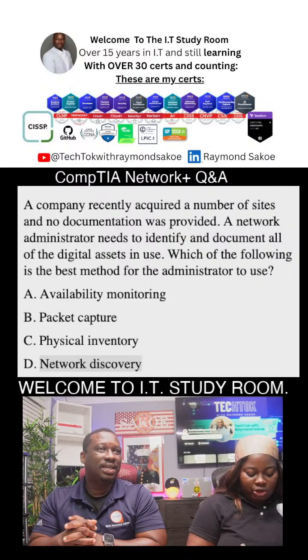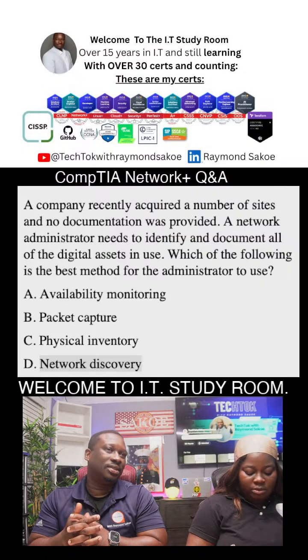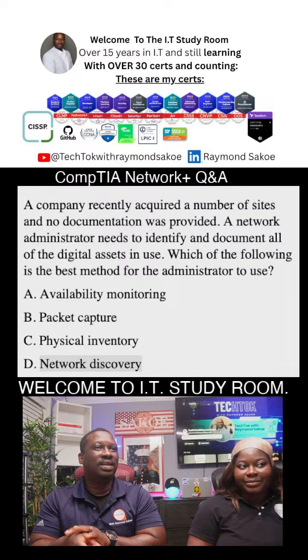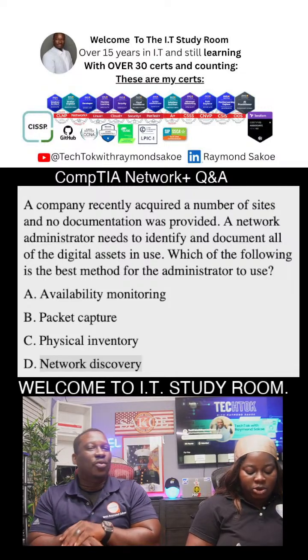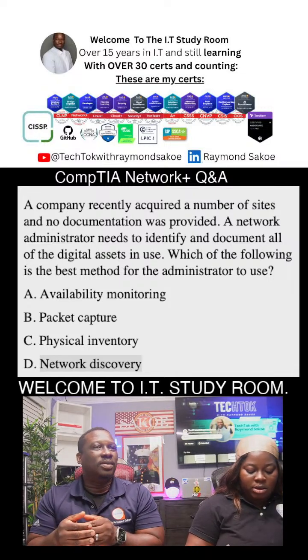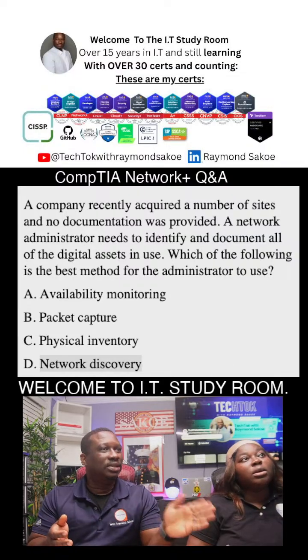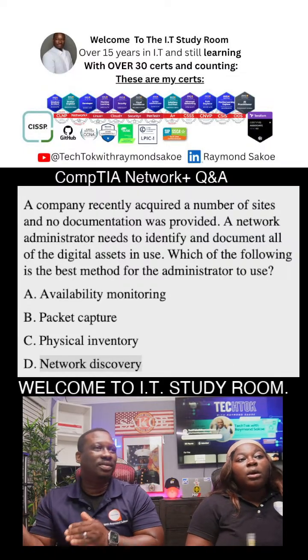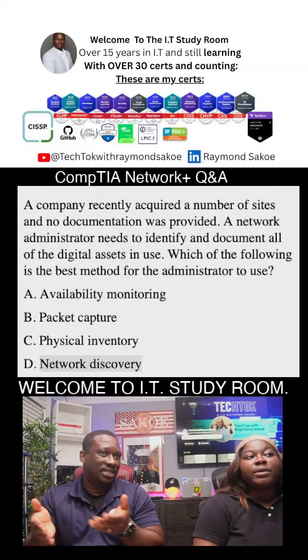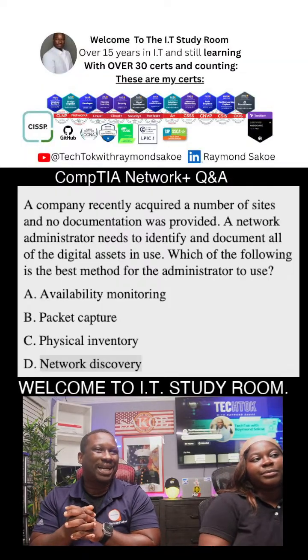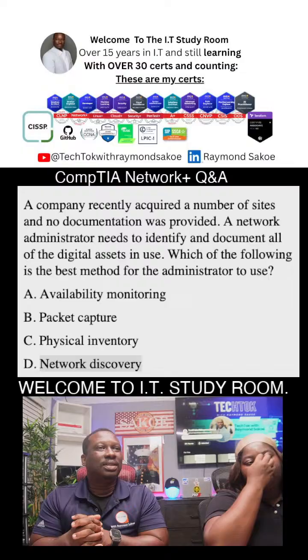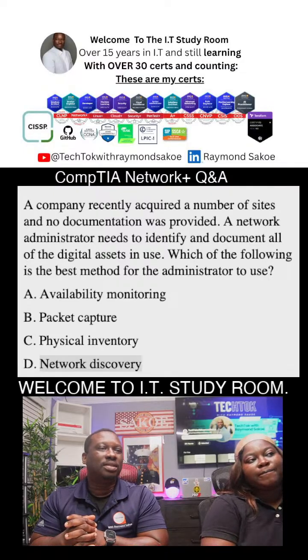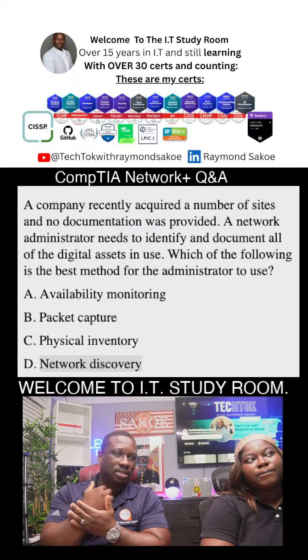So I think C is self-explanatory. No, it's not. Physical inventory. So what they are saying is walk into the building and start counting the number of devices that are there. Yeah, physical inventory. Packet capture, a simple example would be using Wireshark, right?